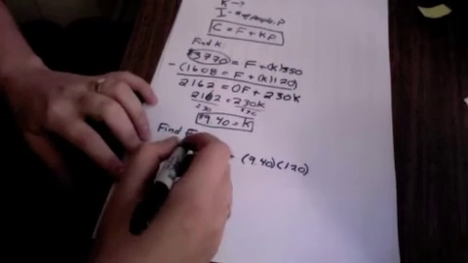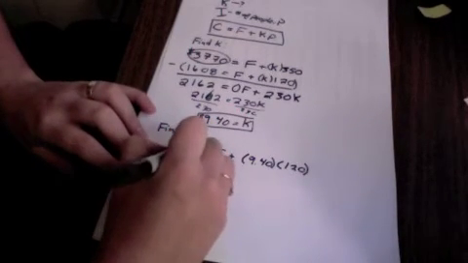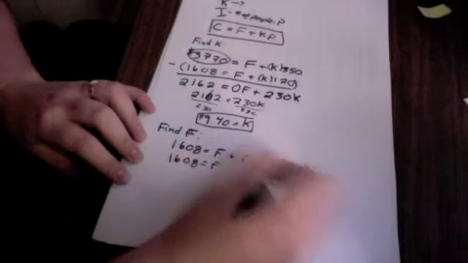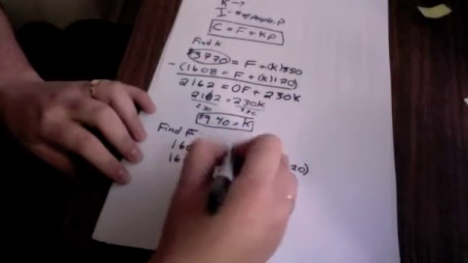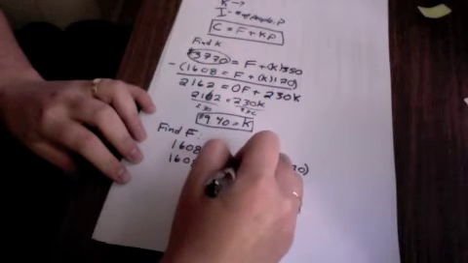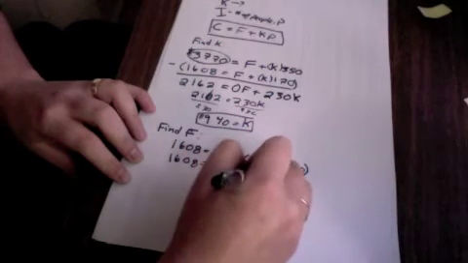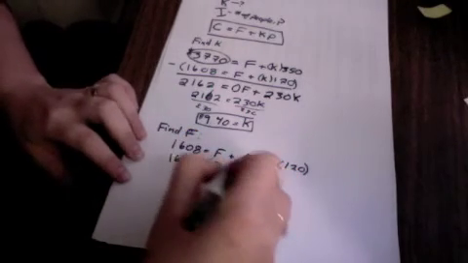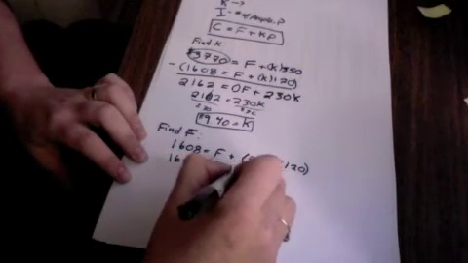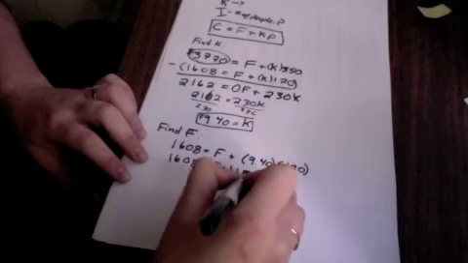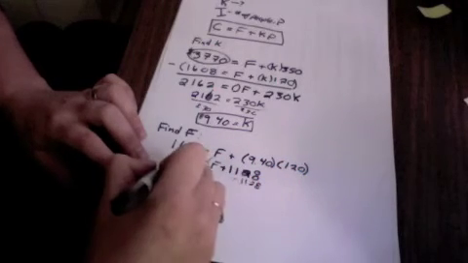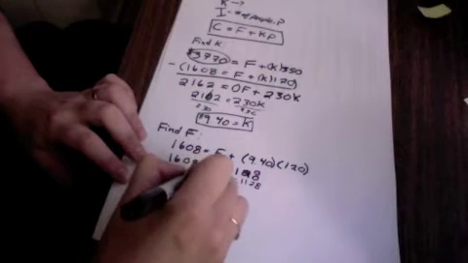Now I can simplify this a little bit nicer. It's going to be 1,608 equals F plus 1,128. I want to get this F all by itself, so I have plus 1,128, so I need to go minus 1,128. Since I do that to this side, I do that to this side too.